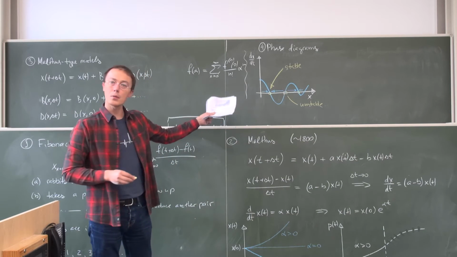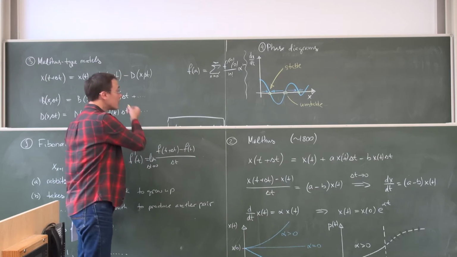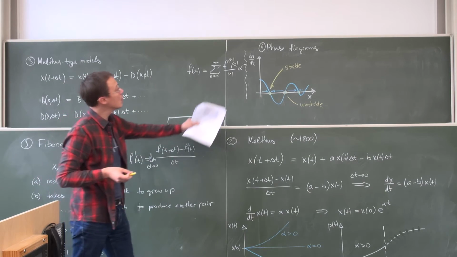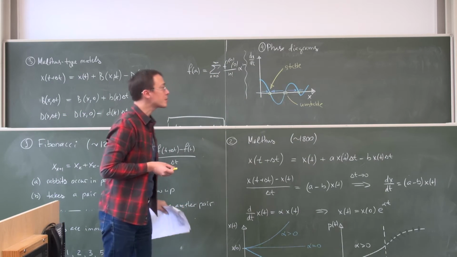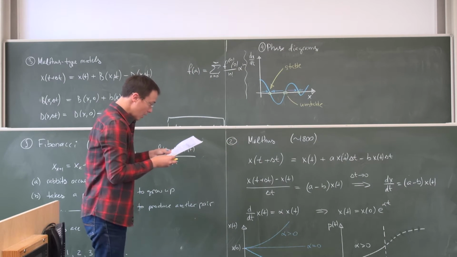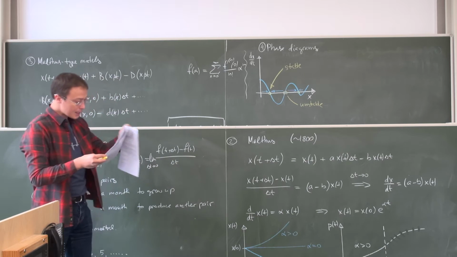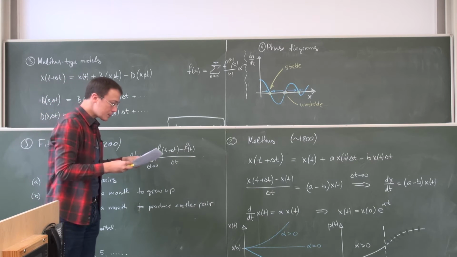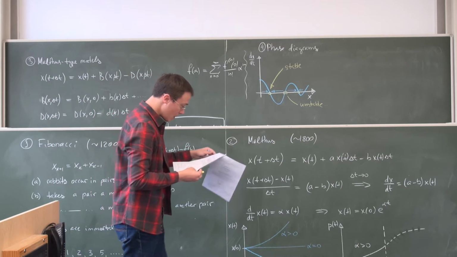So this is how those things are studied. You have a first order differential equation, you plot the rate against the current state variable, and you look at where the things go.